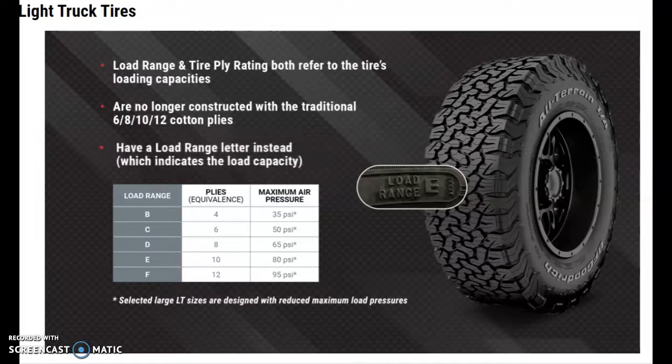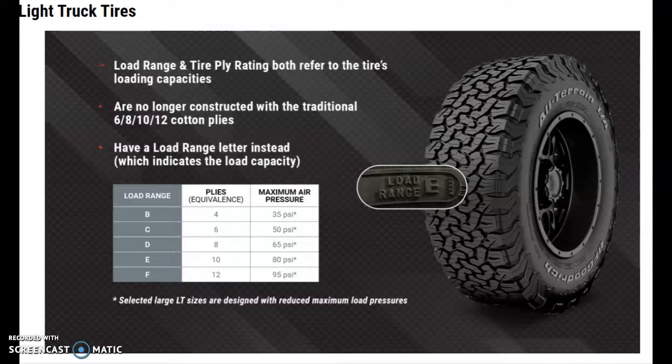Therefore, if you see either ply rating or load range on a chart, they both represent the tire's maximum load carrying capacity at maximum allowable air pressure. To quickly convert the load range letter into the traditional ply rating, take the position of the letter in the alphabet and multiply by 2. Example, E is the 5th letter of the alphabet. 5 times 2 equals 10, so E equals 10 ply.